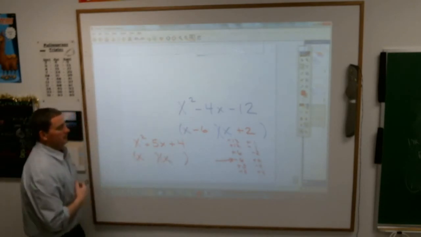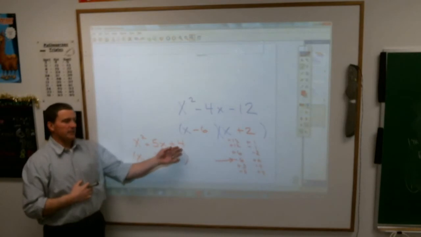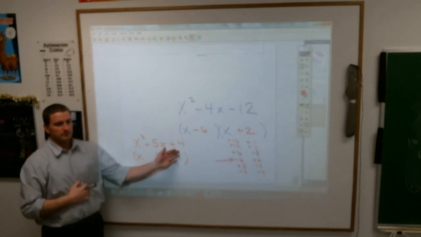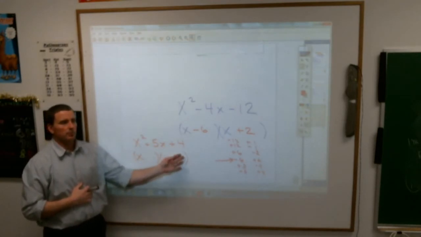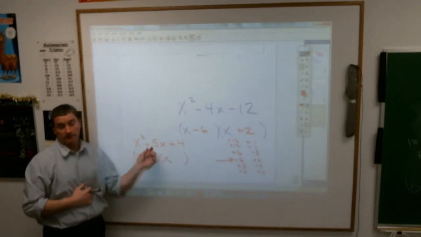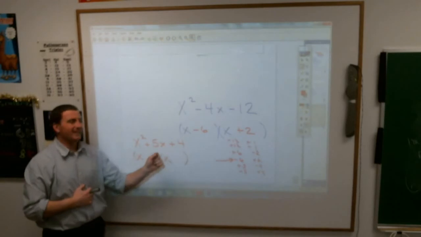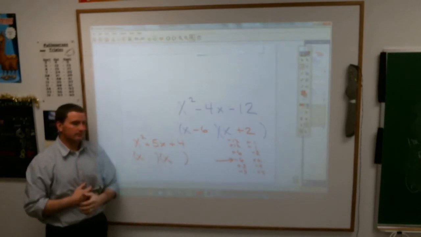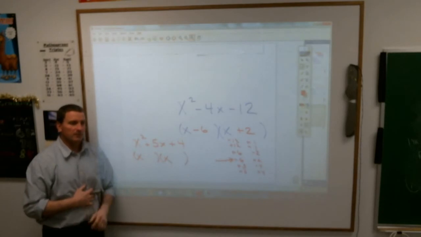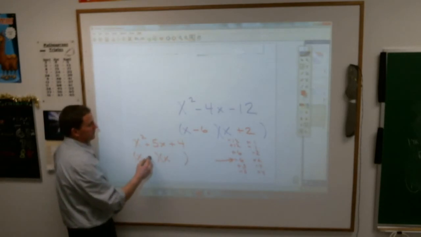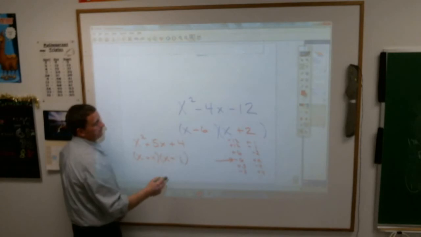Think about what combination multiplies to give you 4, and when added together gives you 5. What two numbers multiplied together give you 4, but added together give you 5. Sam, you got an idea? X plus 4, x plus 1.